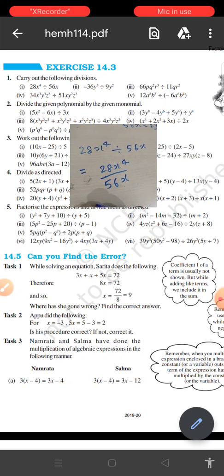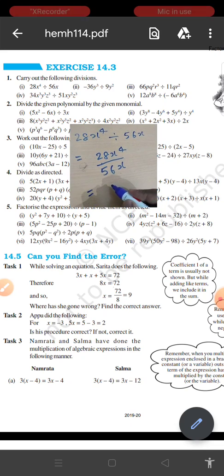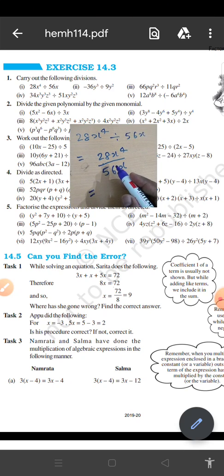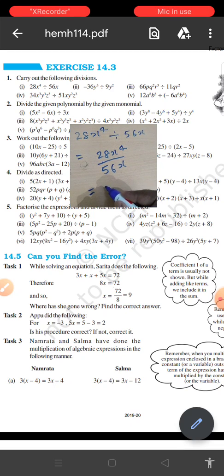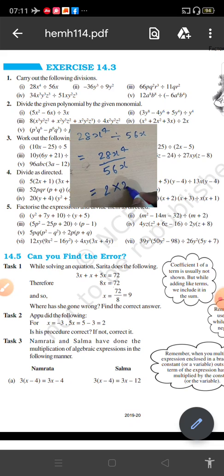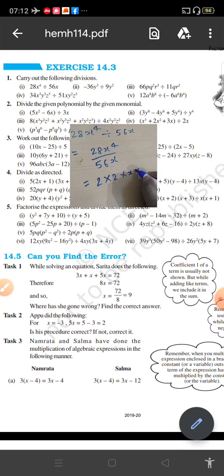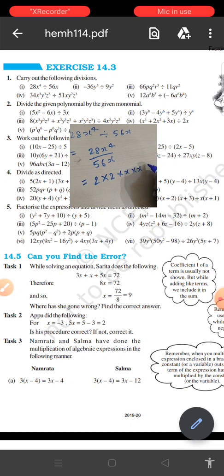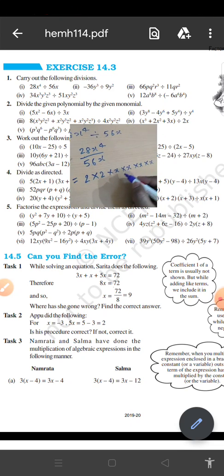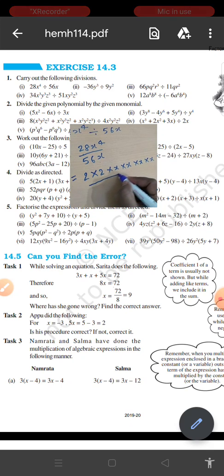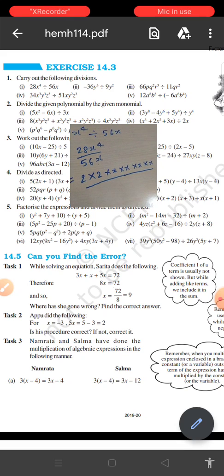After this we write it as a product of irreducible factors. So the product of irreducible factors of 28x power 4 is 2 into 2 into 7 into x into x into x into x, divided by 56x.